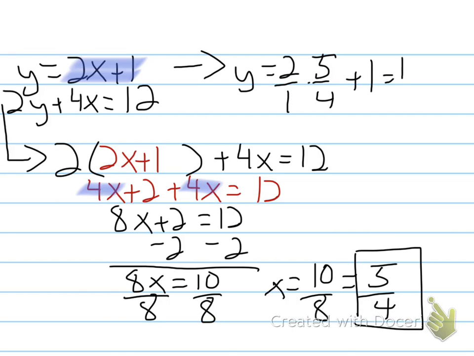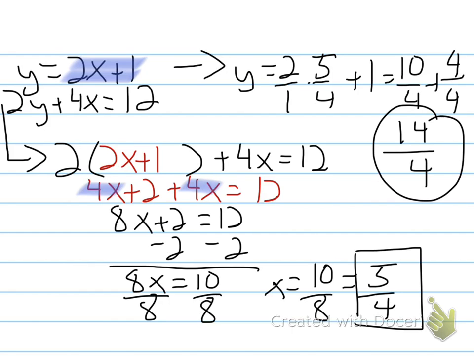So I get 10 over 4. I'm going to make it plus 4 over 4 so we can just solve it better. And I get 14 over 4. So this is x, this is y. Let's put it together. So I get 5/4, comma, 14 over 4. Right? This is my final solution.